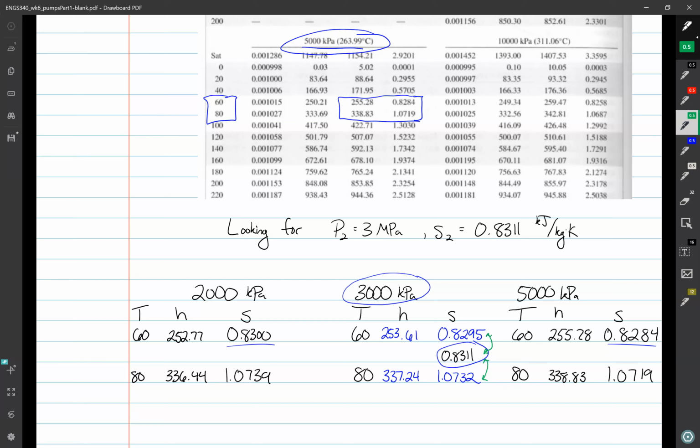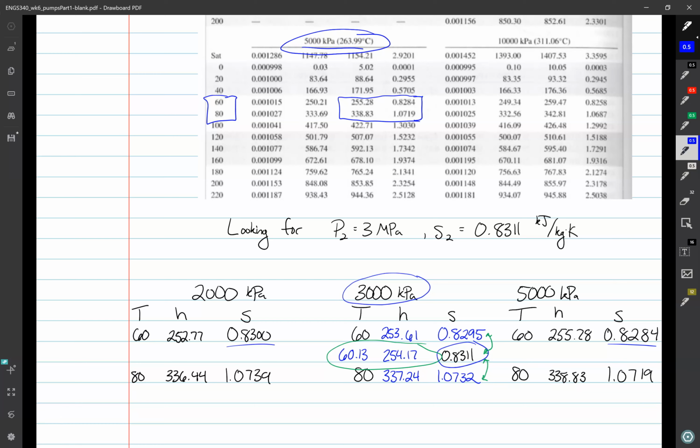So our values should be closer to 253.61 than 337.24. And we can do now a second interpolation to get to these two values. If we go through and actually do that, we get a temperature of 60.13 Celsius and an enthalpy of 254.17. Kilojoules per kilogram would be the units on that.